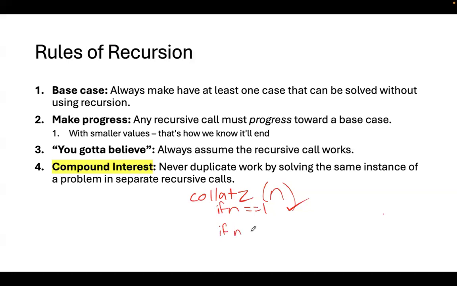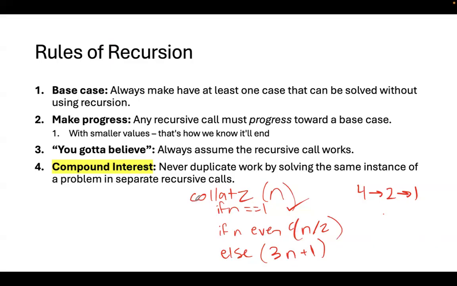Otherwise, if n is even, we call recursively on n over 2. Otherwise, we do 3n plus 1, so we multiply n by 3 and add 1. The Collatz conjecture is that for any number, it will eventually converge to, I believe, this pattern of 4, 2, and then 1. So that's the Collatz conjecture, that it will converge. It's not proven. If you manage to prove it, then you get an instant PhD.